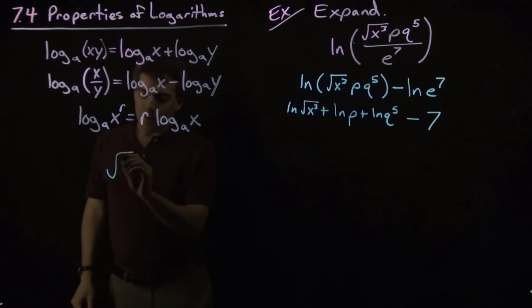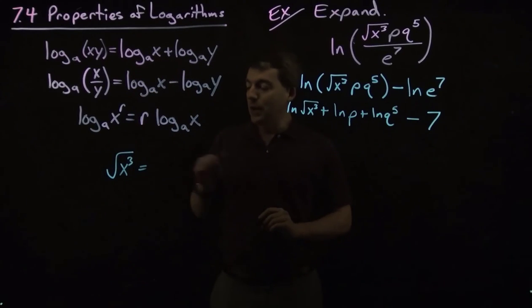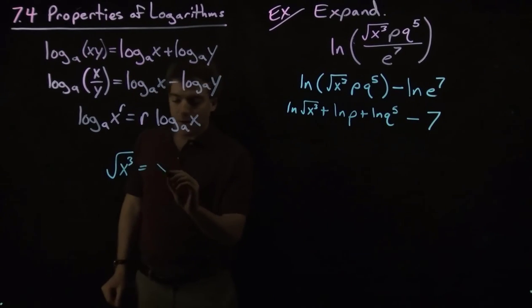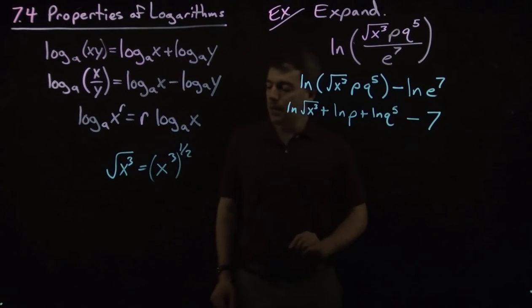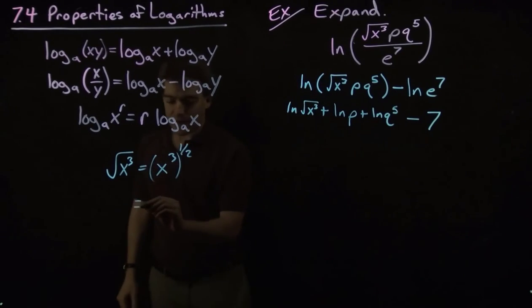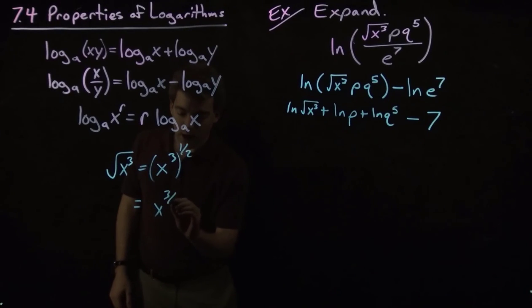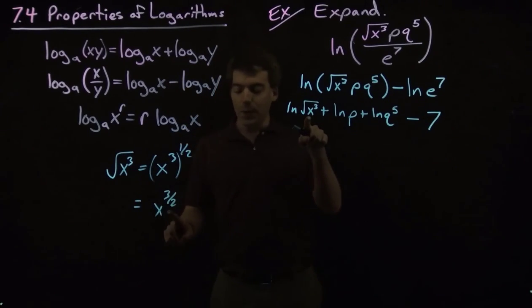It can be written with a fractional exponent like this. We know that the square root is the 1/2 power. And then we can evaluate this by taking the product of these two exponents. So this is actually x to the 3/2. So what we have right here is the natural log of x to the 3/2.